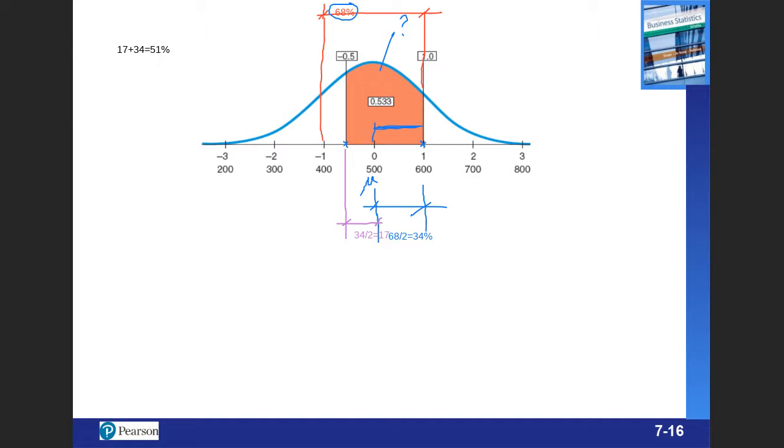This area to the left, we still have to do this area here. That would be half of the 34. So this is 34 divided by 2, which is 17. So this area here is 17. So 17 plus 34 should give you 51%, which is this entire region.